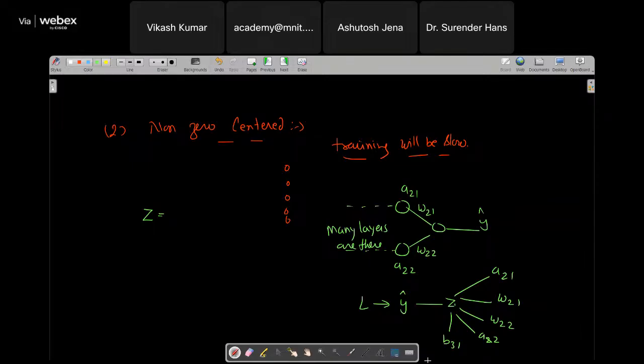Clear? And what about dou L by dou W21? As I said, L is a function of Y cap, Y cap is a function of Z, and Z is a function of A21, W21, and so on.